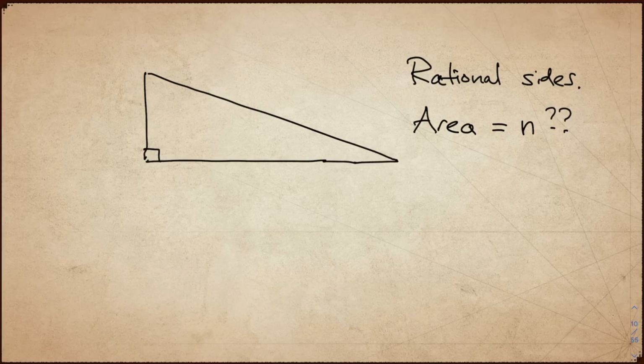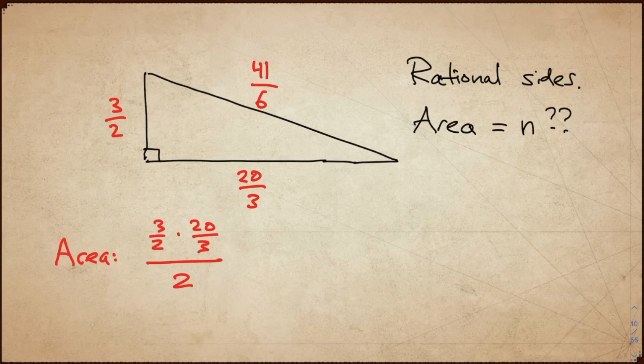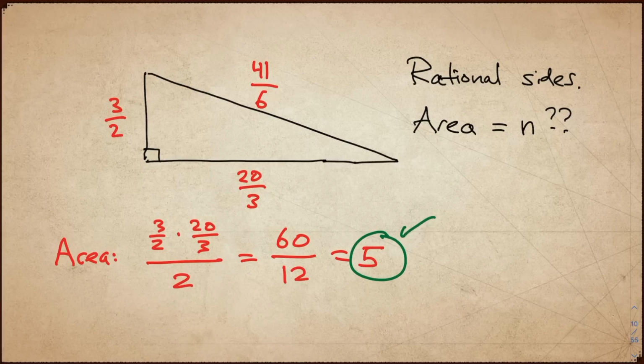There is a triangle with legs 3/2 and 20/3. Pythagoras gives 41 over 6, surprisingly, a rational number. The area of this triangle is 3 over 2 times 20 over 3 divided by 2. That's 60 over 12, so that's 5. So this triangle shows that 5 is a congruent number.